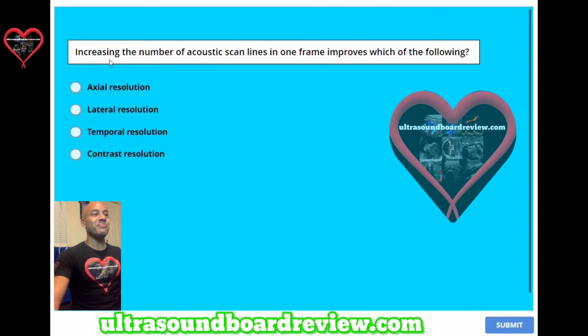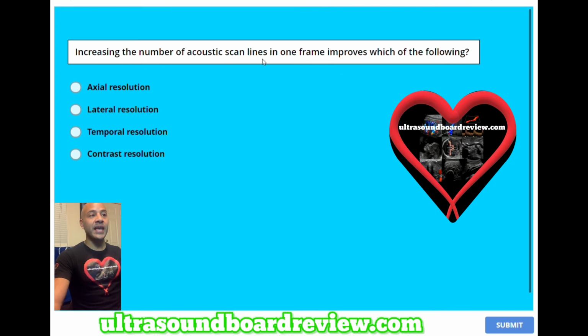Question 35. Increasing the number of acoustic scan lines in one frame improves which of the following?